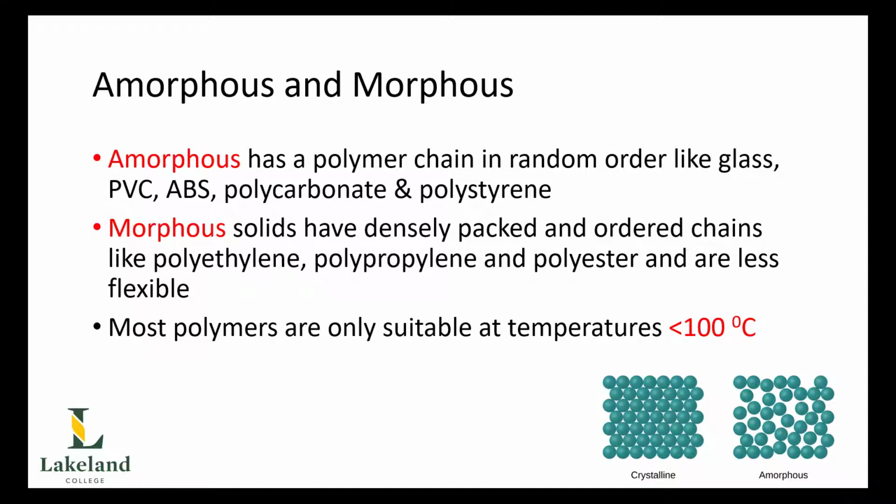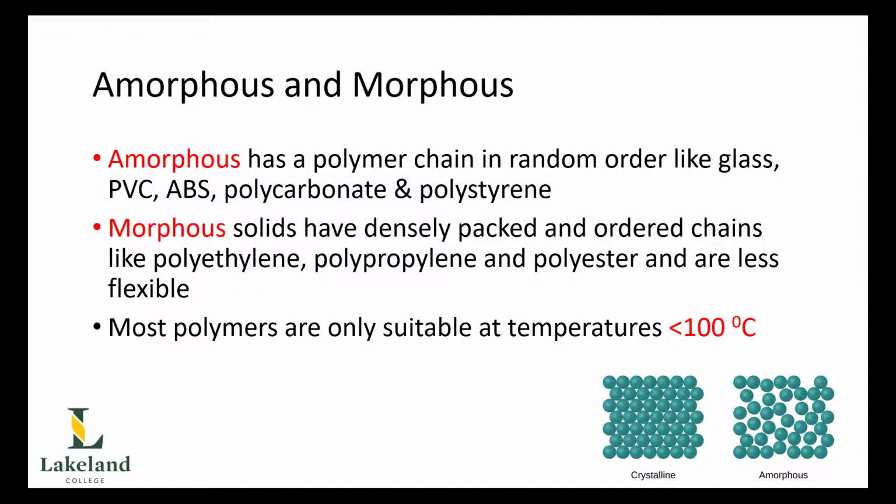Now, a further term that you hear, which was discussed back at 4th class, is amorphous and morphous solids. This simply relates to the way in which the polymer chains are ordered. An amorphous solid has these polymer chains, which are long chains of molecules, in very much random order. They're all over the place.